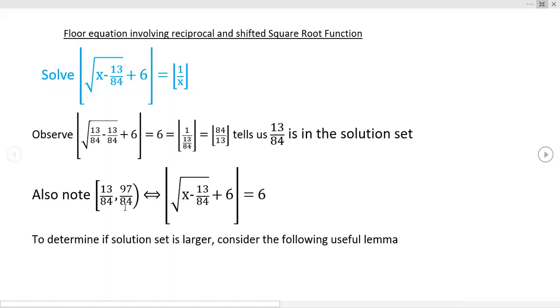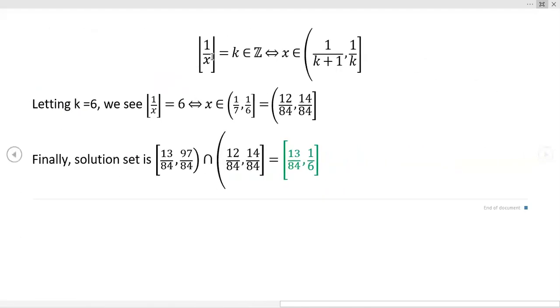So you're getting larger and larger numbers, much greater than 1, when the 1 over x function is just confined to these small intervals, meaning numbers between 0 and 1. So we know we're done here because you couldn't have any common x's for other floor levels. 6 is the only time that they're going to touch each other, so to speak. So again, this is the final solution.